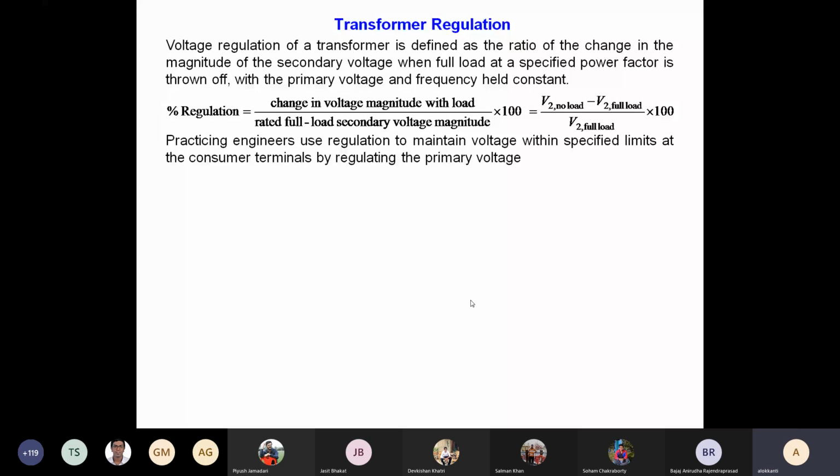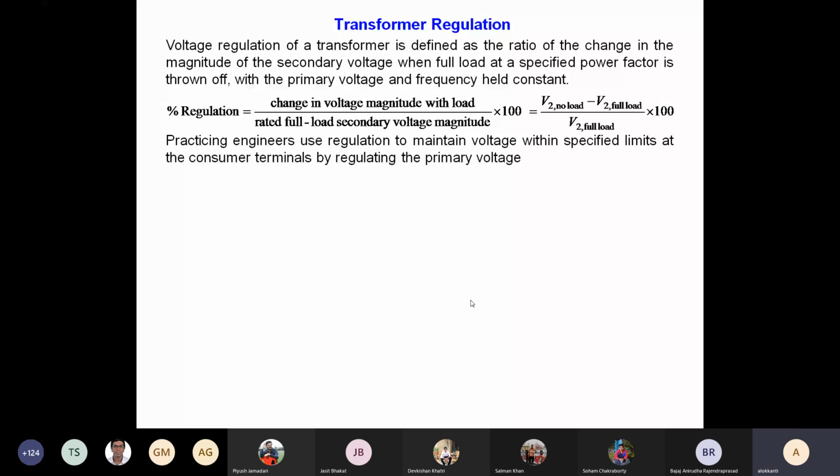So that means as soon as some load is thrown off, and loads also keep fluctuating, we switch on devices, switch off devices, but the supplier or the engineers have to basically maintain the voltage at the customer's doorstep. For doing that, they regulate the primary voltage.